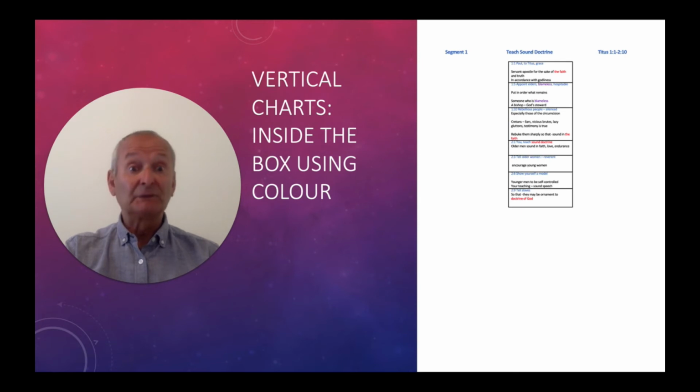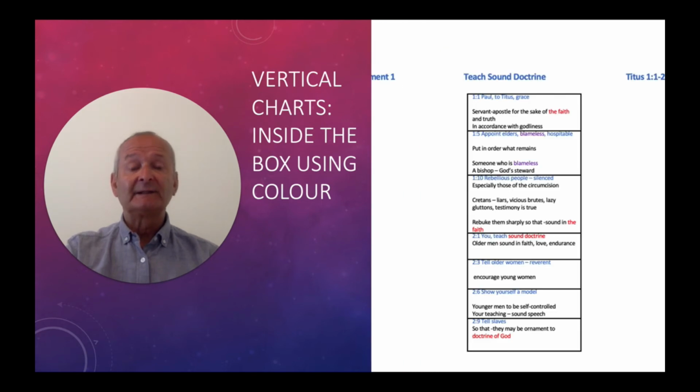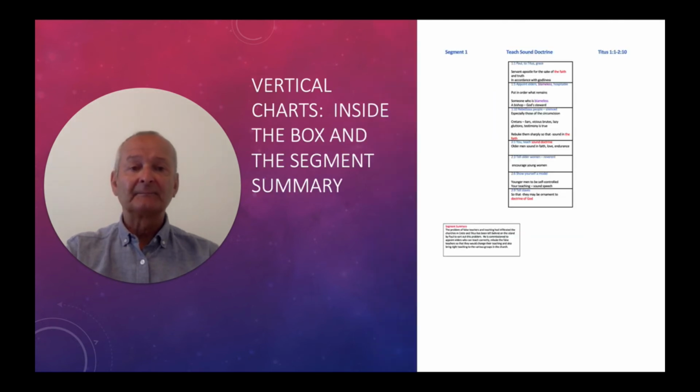This is a good place for some kind of color coding, and what you will see here is I've used different colors to highlight different themes that are repeated. Not always the same word, but nonetheless different themes. And we would encourage you to make use of the visual element of your chart in this way.